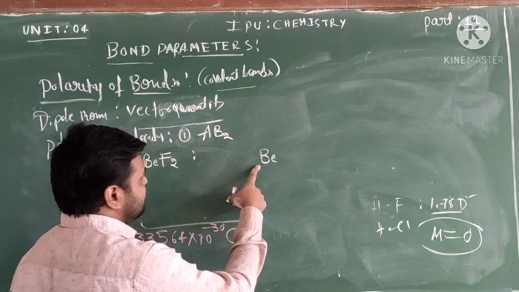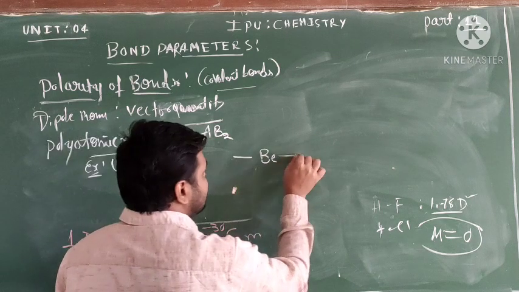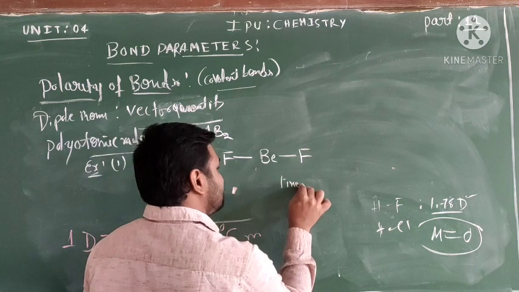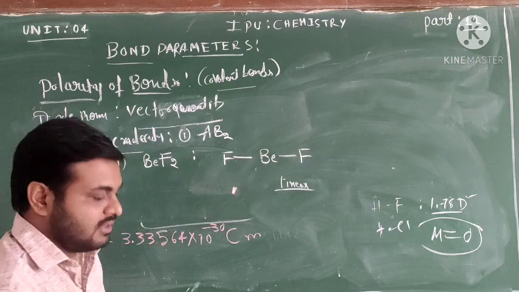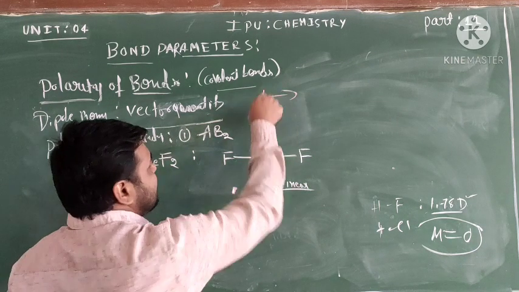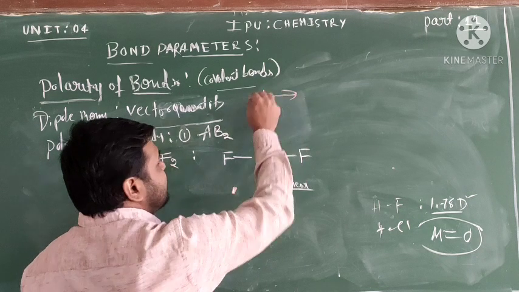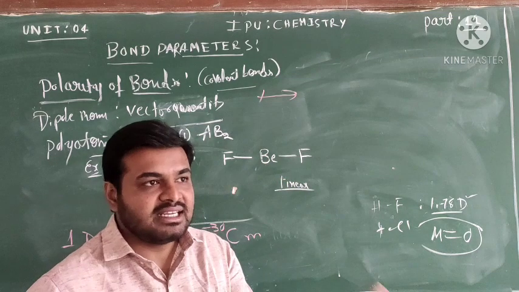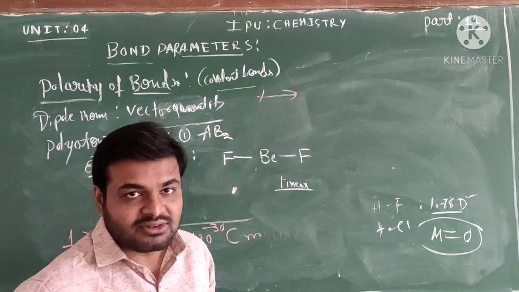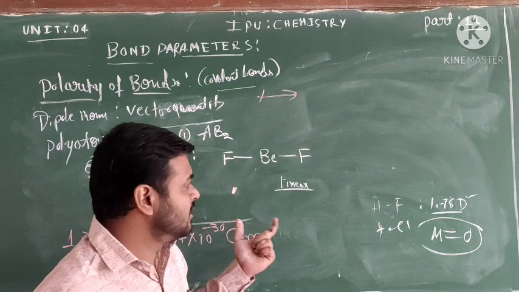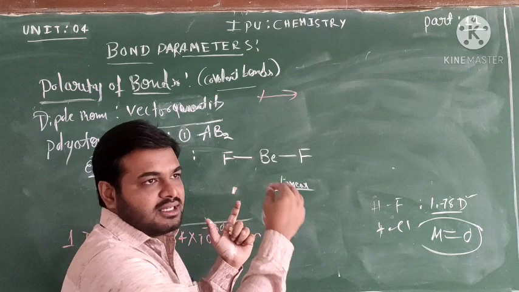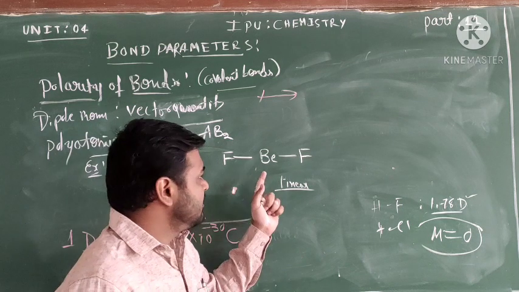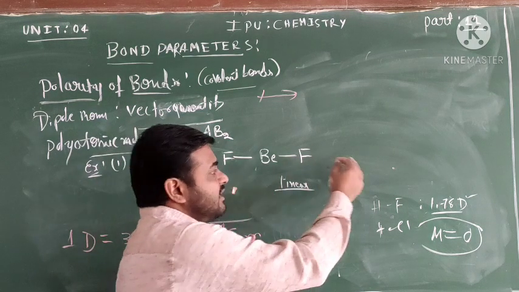This is a linear type of structure. The arrow marks show the polarity. Beryllium is less electronegative than fluorine, so just imagine, looking at the periodic table, beryllium is less electronegative than fluorine.